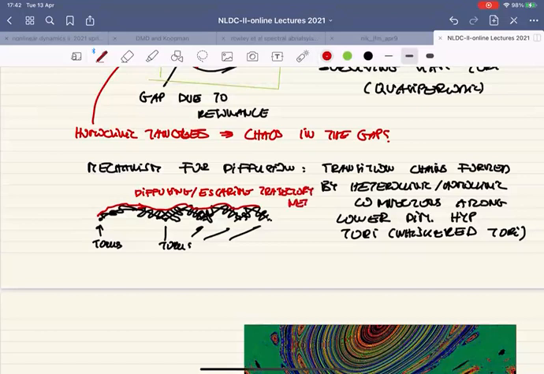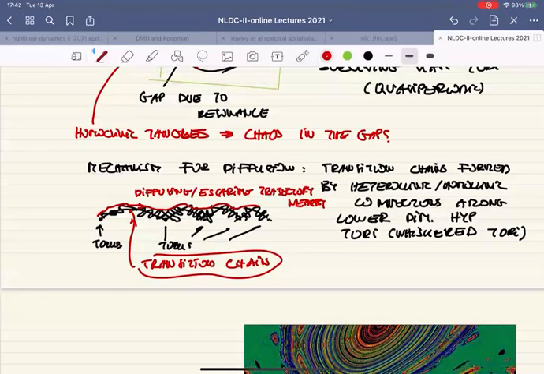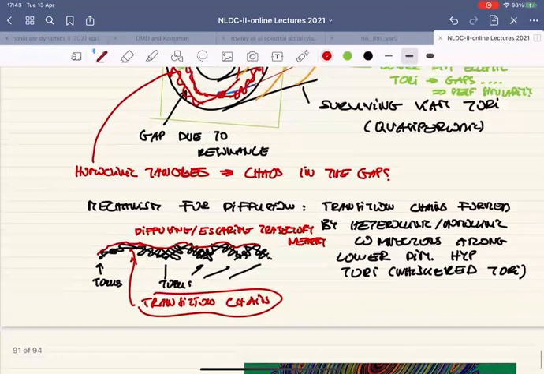And this is called a transition chain. Now, some of this is still not entirely mathematically rigorously cleaned up, but most of it is, and people have seen it also numerically, because the high precision simulation shows that this is the case. But this is an incredibly hard problem.